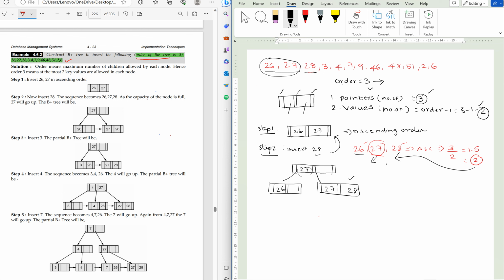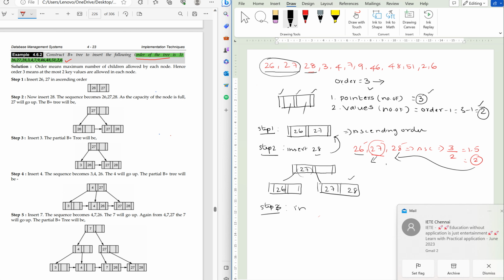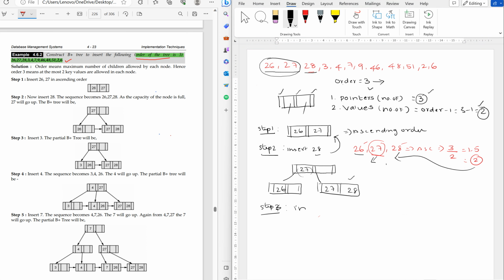So coming to step 3, we need to insert the value 3. What we are trying to do is insert this 3 here.